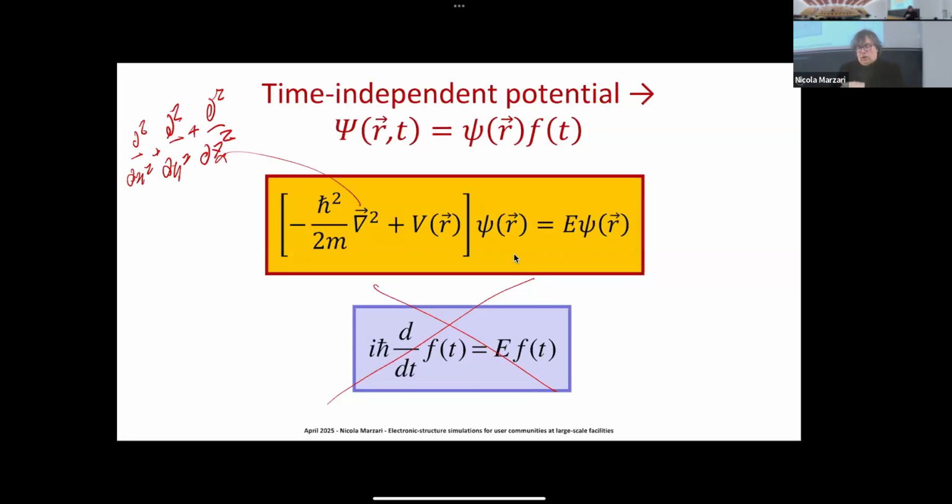So we are saying that the curvature of the wave function psi at every point in space, multiplied by this constant minus h bar square over 2m, where h is the Planck constant, h bar is the Planck constant divided by 2 pi, and m is the mass of the electron, there is a constant minus something in front of the Laplacian, we take the curvature of the wave function plus the product of the Coulomb potential times the wave function.